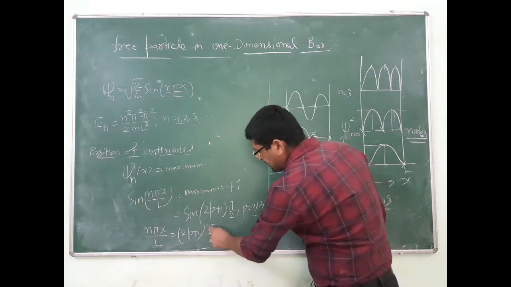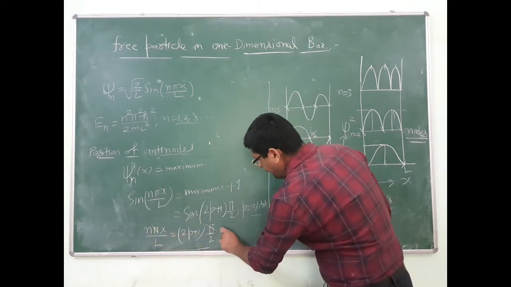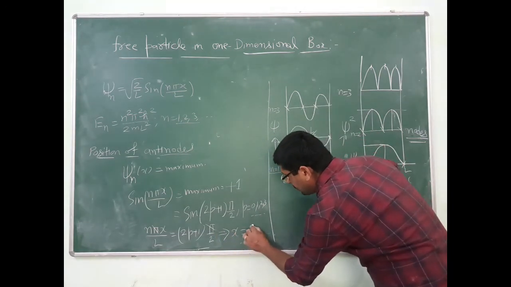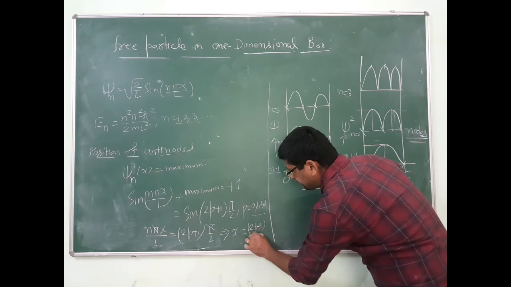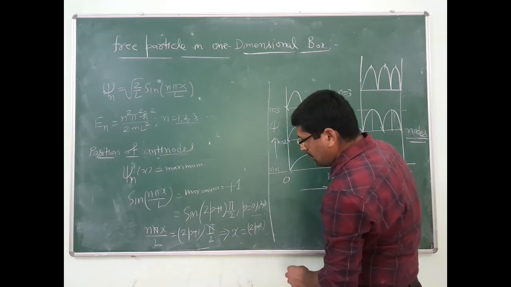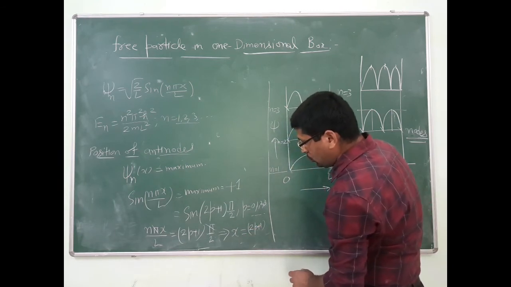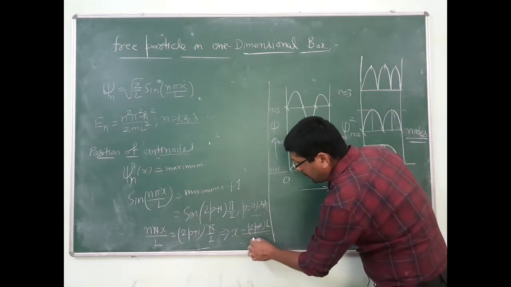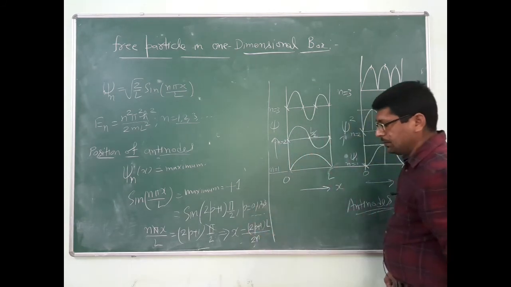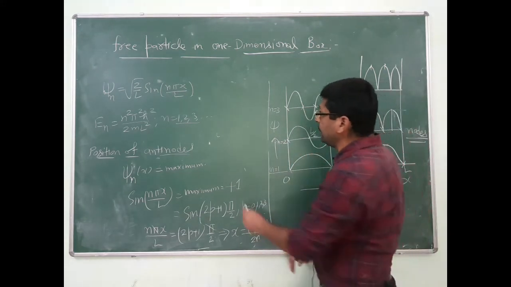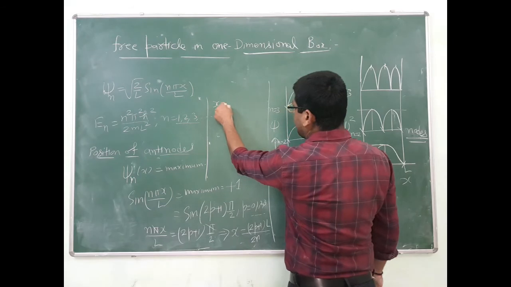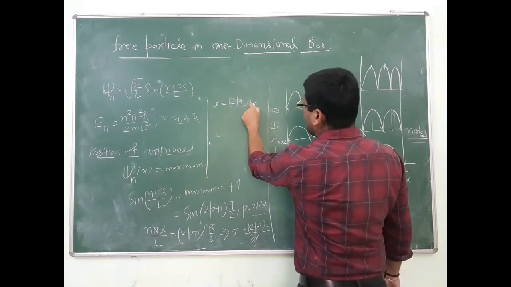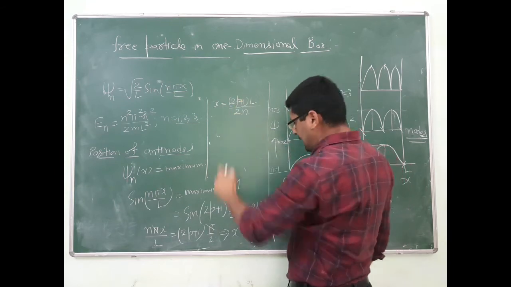Further solving, pi will get cancelled out, and we want to calculate x, so x will be (2p plus 1) into L by twice of n.